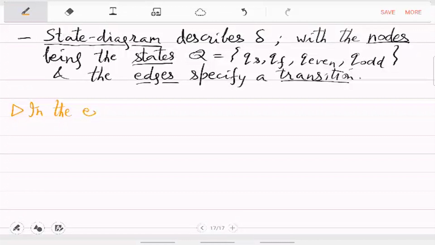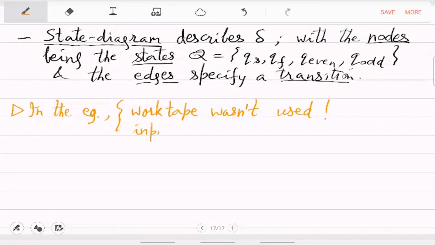So in the example, the work tape wasn't used, and the output bit is at the end of the input tape.